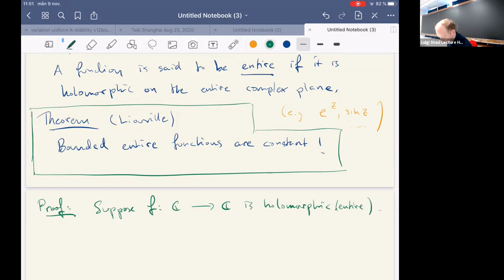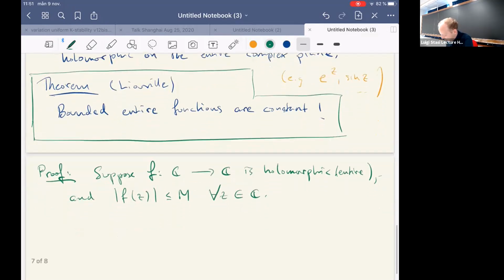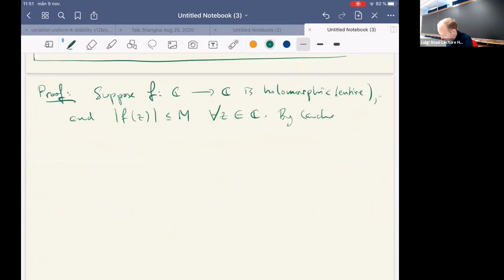And assume also, of course, that it's bounded, and we will write this bound by M for any z in the complex plane. So we have a uniform bound by M. Now we will use Cauchy's estimate, the one that we just proved.